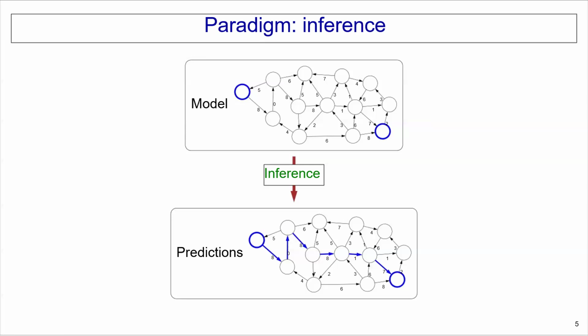The focus of inference is usually on efficient algorithms that can answer these questions. For some models, computational complexity can be a concern, such as chess, and usually approximations are needed.